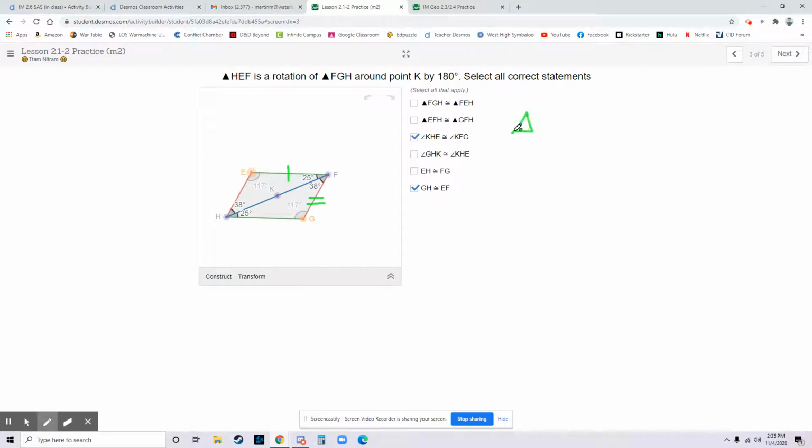I guess you could say triangle EFH would be congruent to triangle, let me make sure I'm doing this right, GHF? Let's see if that looks right. So EF is congruent to GH. Is that true? Yeah, that's true.